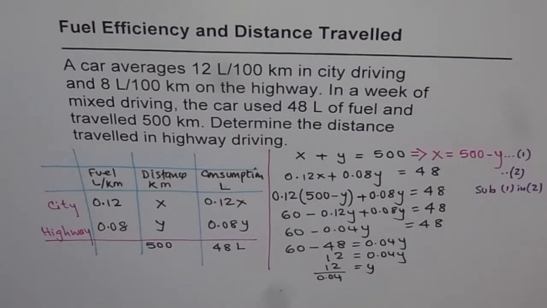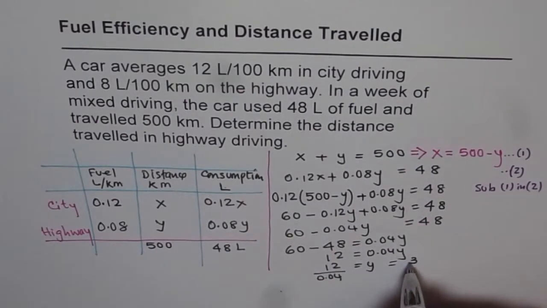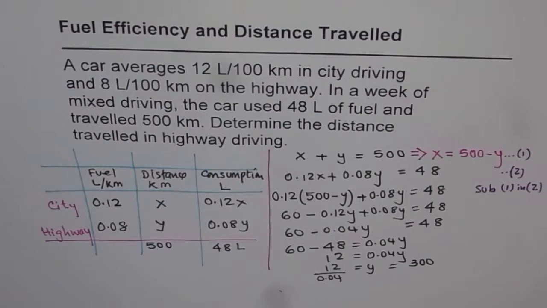That gives you 300. So y equals 300. So now we know that on the highway it traveled 300, and the remaining 200 in the city, correct?